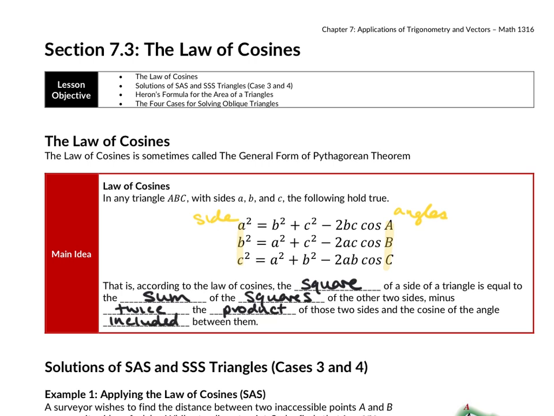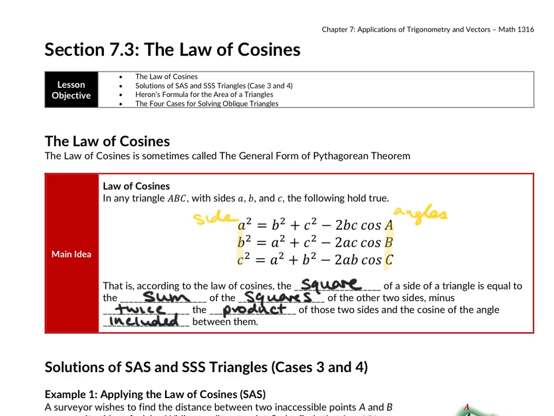So this time, because an angle has to be included in between the sides, we are working with side, angle, side triangles. We'll be able to extend this to side, side, side, but we need an included angle, so we have to have side, angle, side. That's the information you'd be given this time to use the law of cosines.